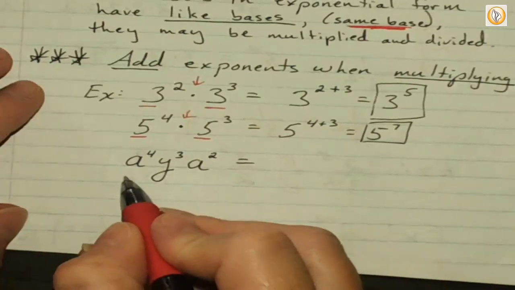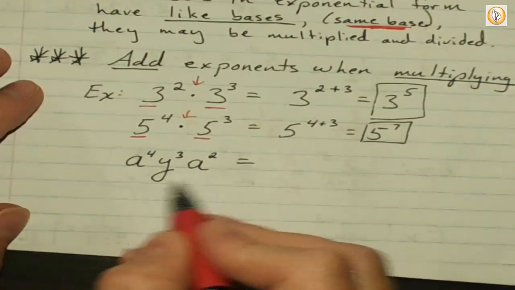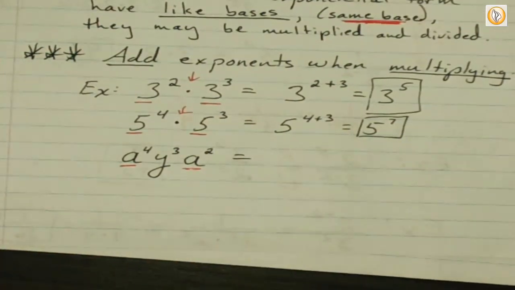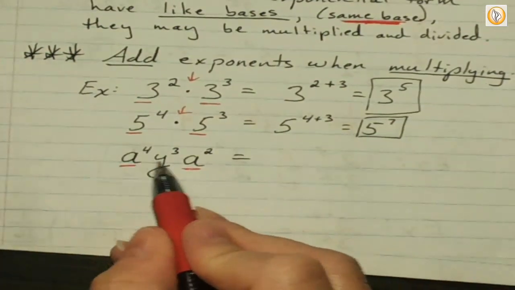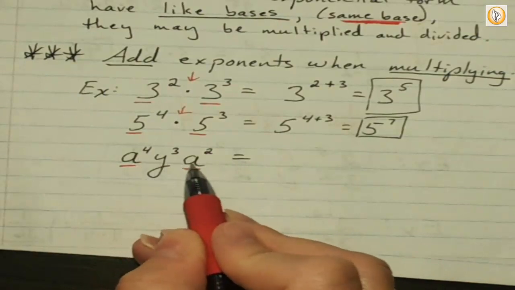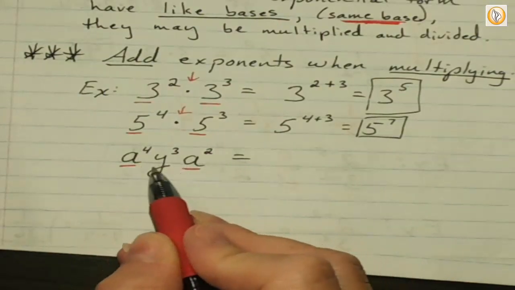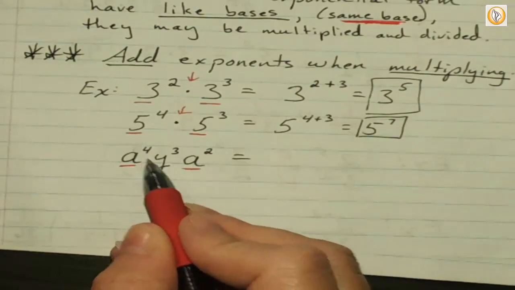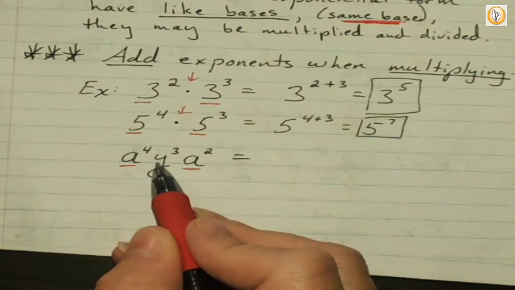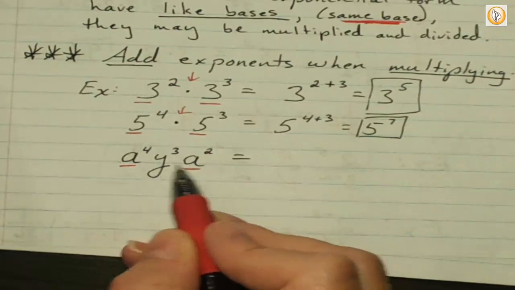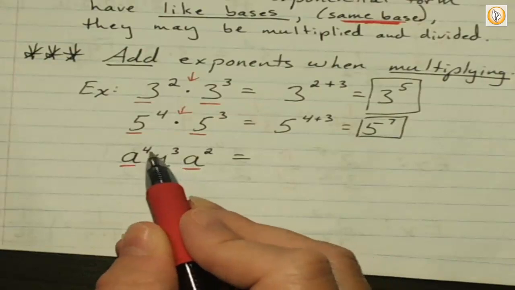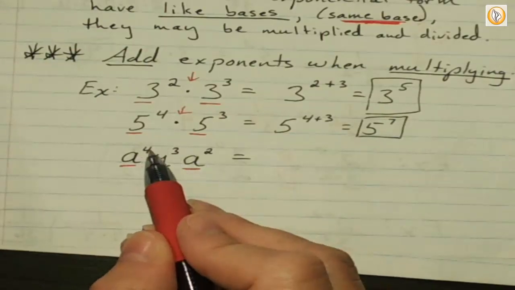Okay, so what bases are the same here? a. Do y'all see that? The a's have the same bases, right? And Joseph, what operation are we doing with the a's and the y's? Is it multiplying, dividing, adding, or subtracting? That's right. When the letters are right next to each other, we're multiplying them. So we're multiplying, the bases are the same. So Joseph, what do you do to the exponents?